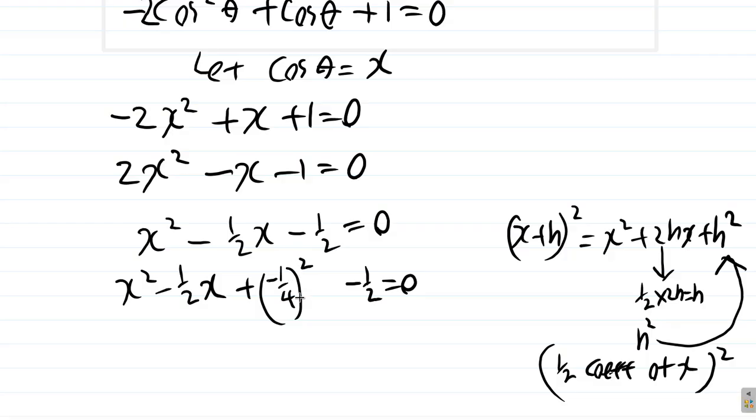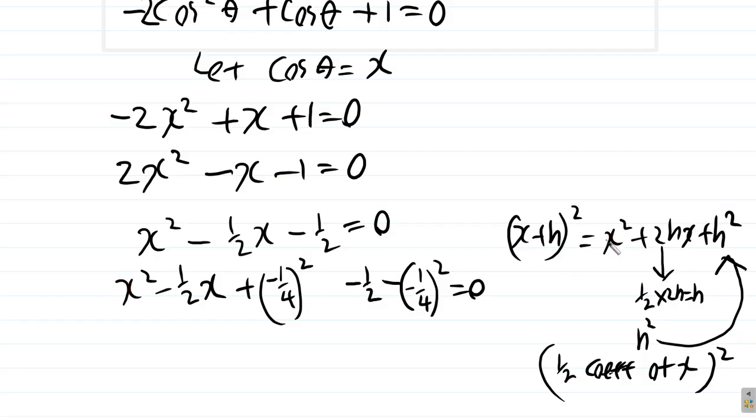Now, since you added negative a quarter squared, and you're keeping on the same side, what you need to do is compensate by taking it back off. So you minus negative a quarter squared.